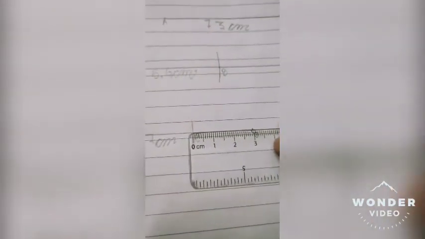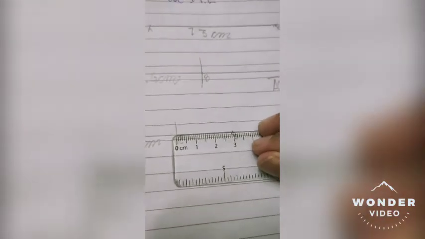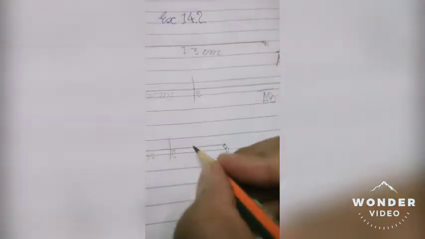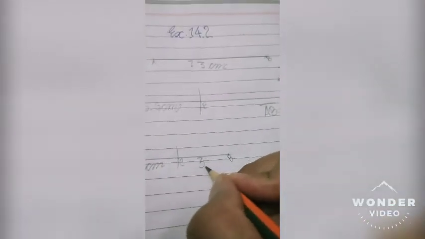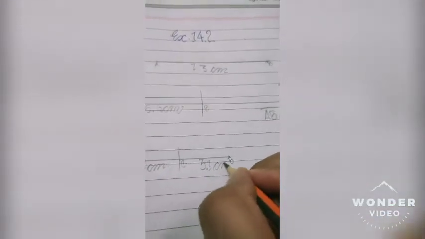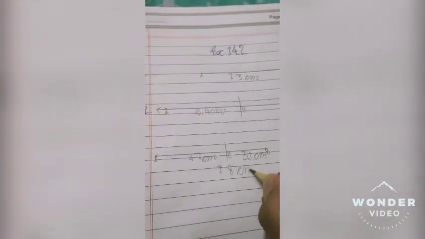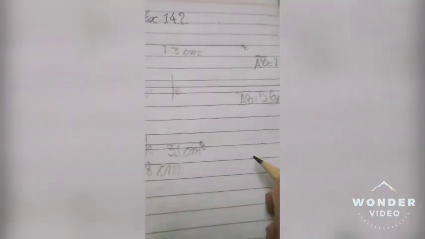Now we have to measure what is the length of CB. So it is 3.1 centimeters. Yours should also come 3.1 centimeters. And the total AB is 7.8 centimeters.